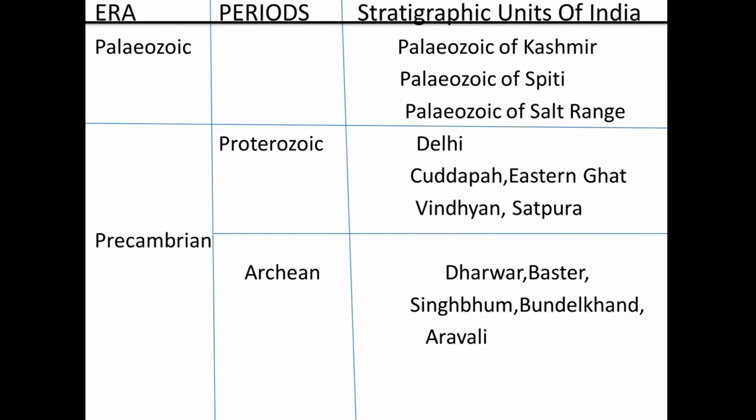Now, for the Paleozoic era, this succession is missing in peninsular India and it is present in the Himalayan region. We can get some groups like Paleozoic of Kashmir, Paleozoic of Spiti, Salt Range of Pakistan, etc.